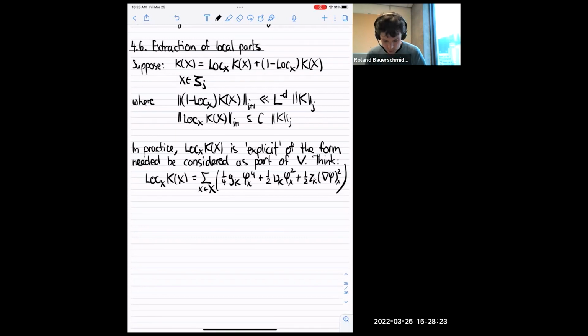This is what it usually is in practice, and these gk, nu k are just 3 numbers. It's determined by these 3 numbers in this case. And how are they determined? For example, by matching the Taylor expansions for constant fields. So phi is a field. You can take a constant field, compare the Taylor expansion of the right-hand side and of k of x, and match these constants so that they agree.